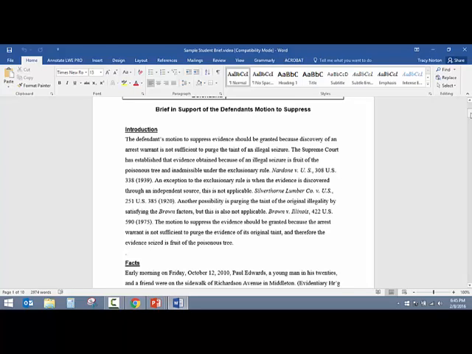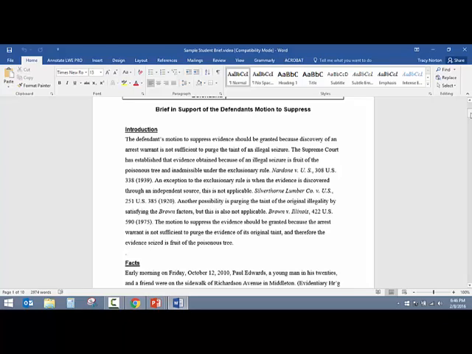But this is also not applicable. Or even, because it's not applicable, you could draft it more simply by saying, in some circumstances, the taint of illegally seized evidence may be purged. However, that is not the case here. So you can get there the same way.